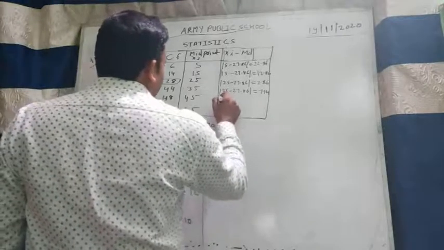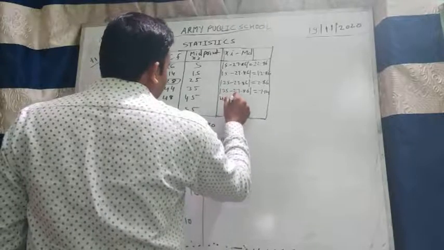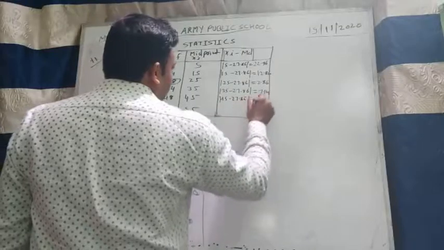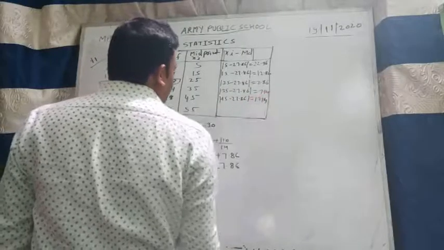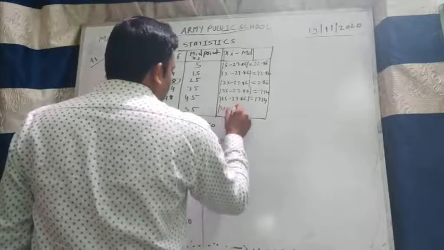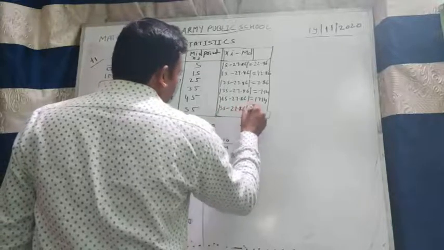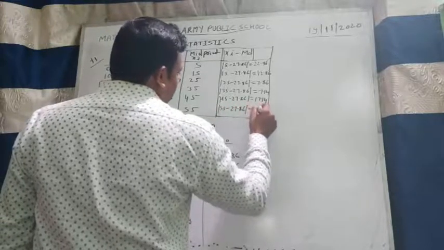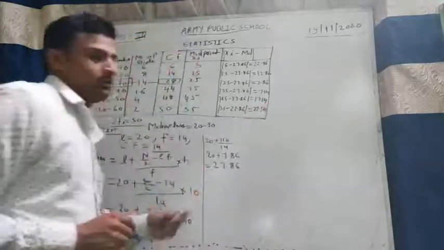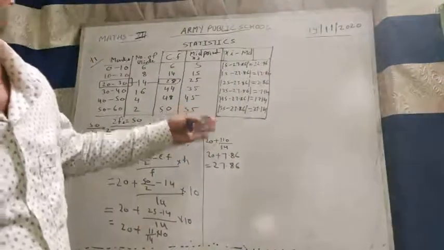Okay, next 45 minus 27.86. We get 17.14. Next 55 minus 27.86. We get 27.14. So this is our median deviation column.